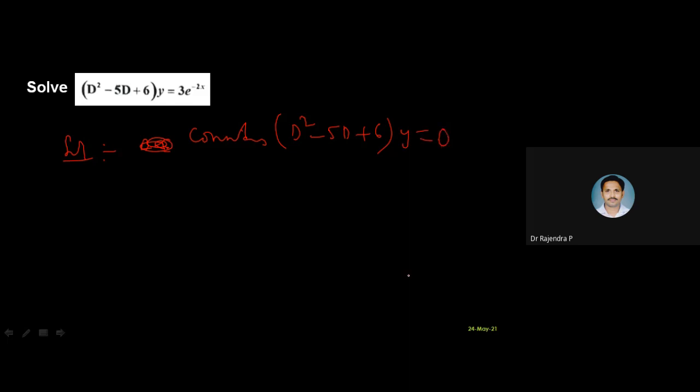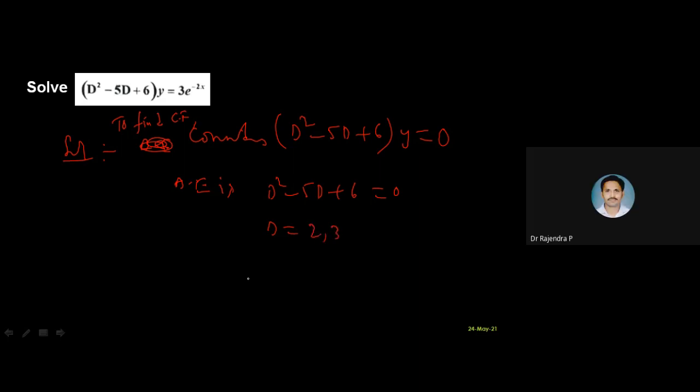Don't consider the other side, because our aim is to find the complementary function first. Considering this differential equation equal to 0 on the other side, what is your auxiliary equation? D square minus 5D plus 6 equal to 0. What are the roots? Quickly: 2 and 3.